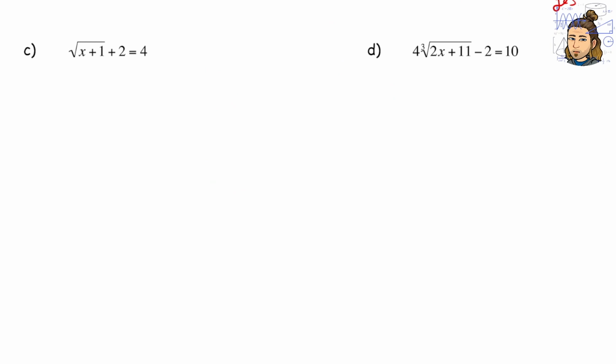So we need to subtract that 2 from both sides. We now have the square root of x plus 1 equals 2. And now we can go ahead and raise this to the same power on each side to eliminate that square root.